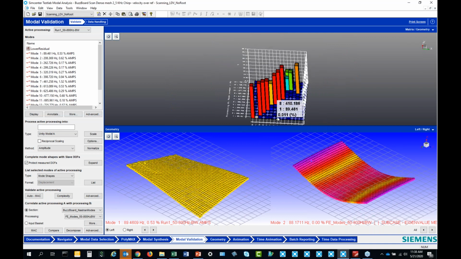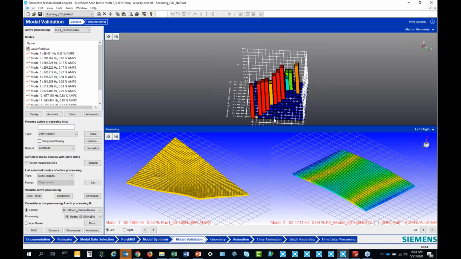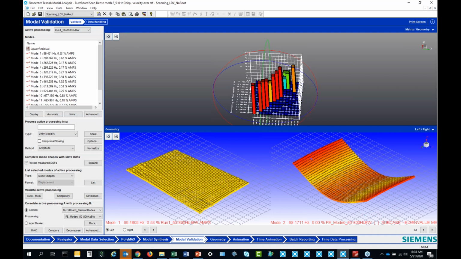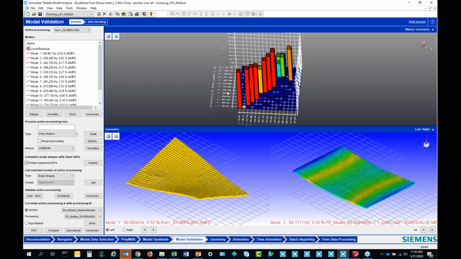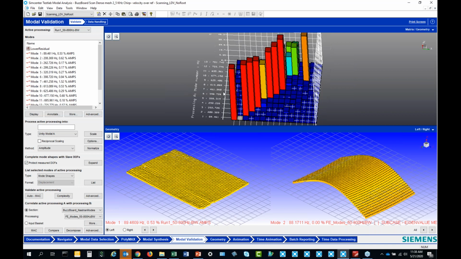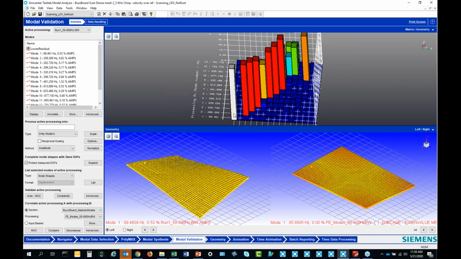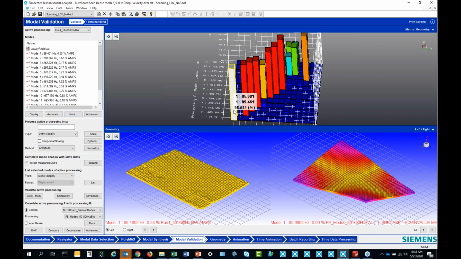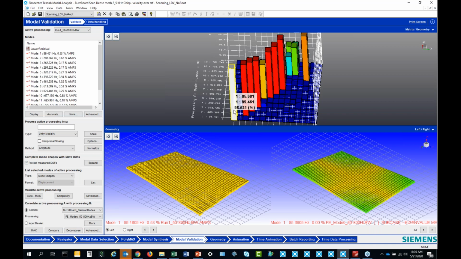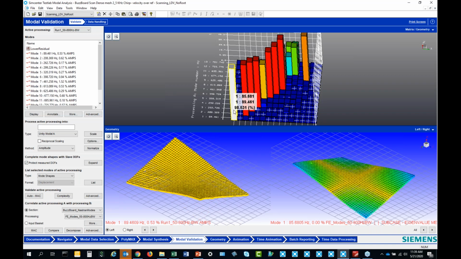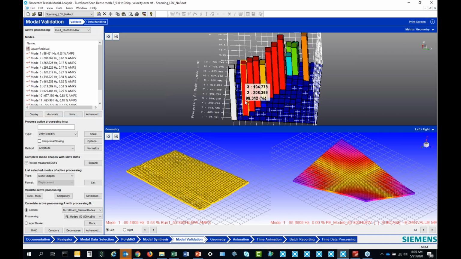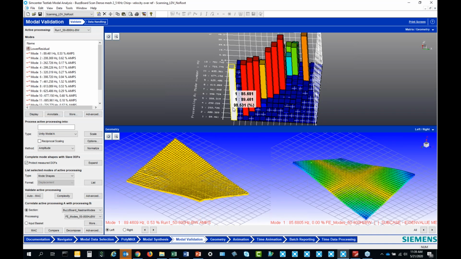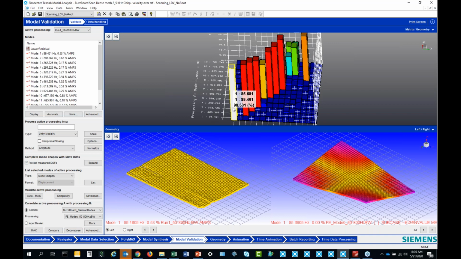Along this axis are the FE modes, and along the other axis are the test modes. You can see the first mode correlates very nicely, a 98.5% correlation between those mode shapes. So that's very nicely correlated, and the frequency is a little bit off, by about 4 hertz. So the modeling was done really, really well.